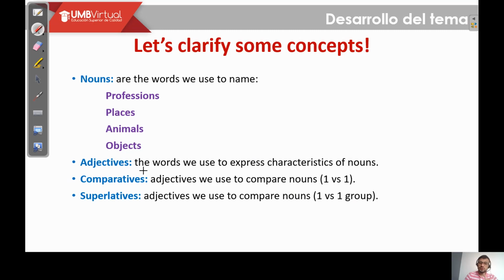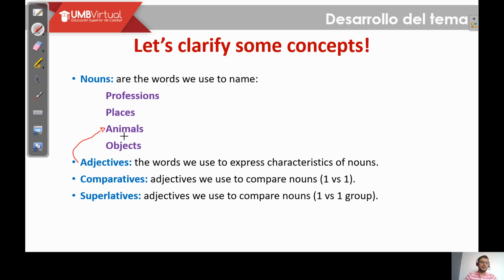Adjectives are the words that we use to express characteristics of nouns. Entonces, estos adjetivos me expresan características, por ejemplo, de animales o de un nombre. Por ejemplo, tigre. El tigre es feroz, el tigre feroz, ¿sí? The wild tiger, ¿sí? En ese caso podría ser un adjetivo que me está diciendo que el tigre no es solamente un tigre, sino que es un tigre salvaje.